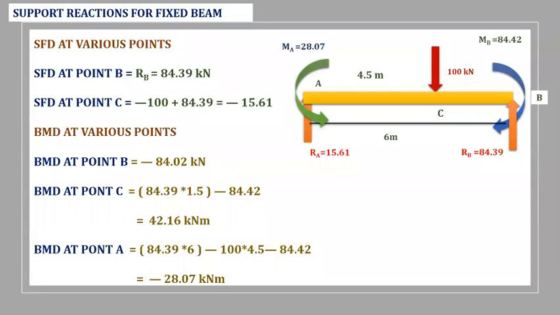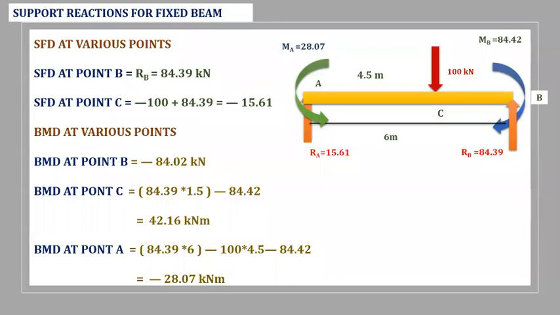Now if you write bending moment at point A, just to reach that point A, 84.39 into 6 minus 100 into 4.5 minus 84.42. I don't mention MA. If we mention MA, that will satisfy the equilibrium equations. Our intention is whether we can satisfy the equilibrium equation or not.